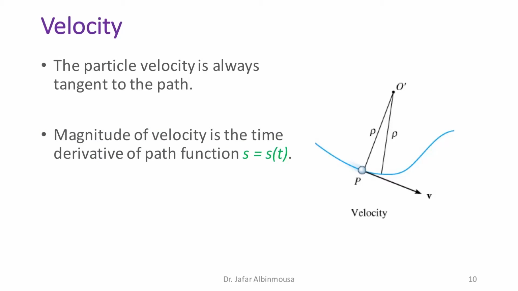Two things we need to know: the direction and the magnitude. For the direction, we know that velocity is always tangent to the path, so it will have a unit vector of ut.